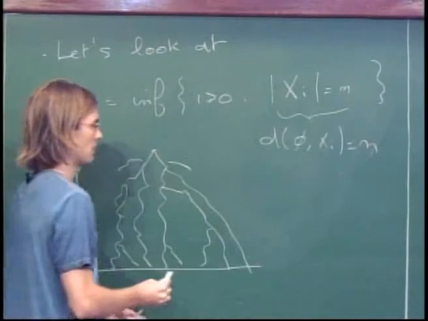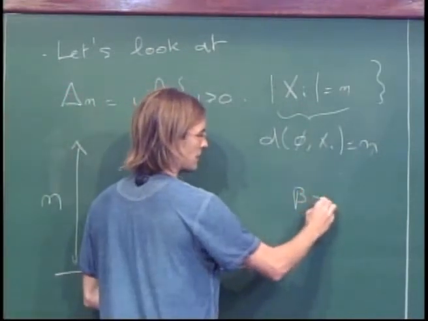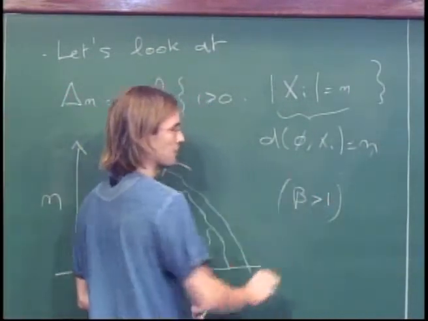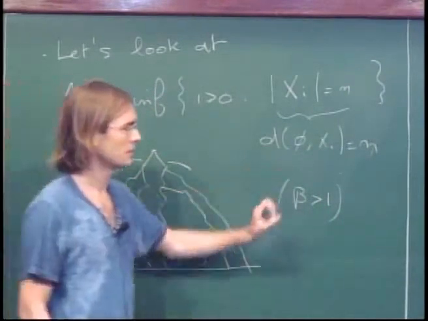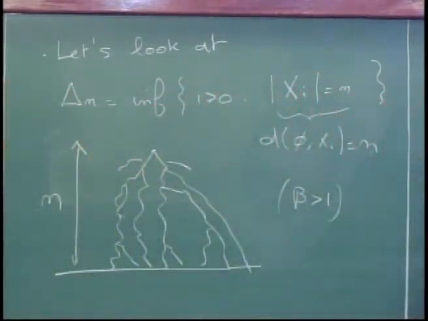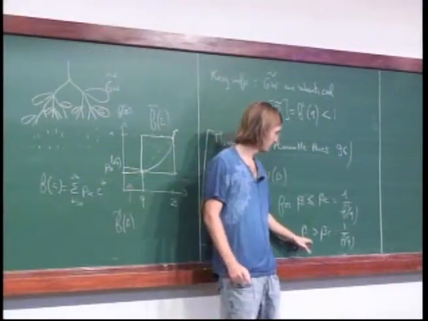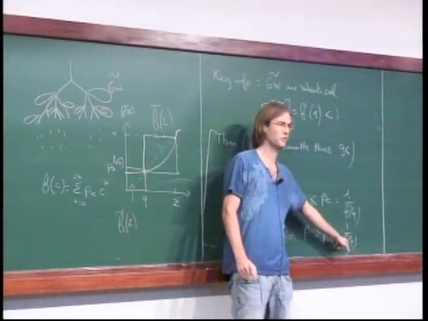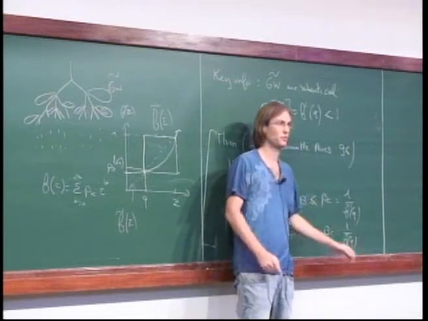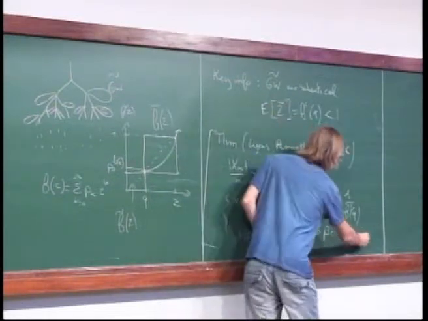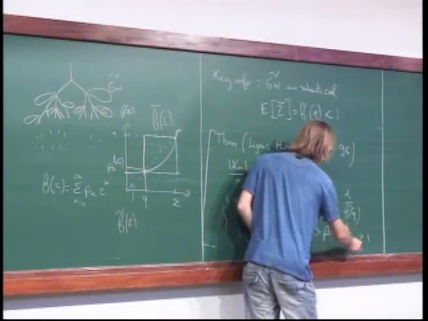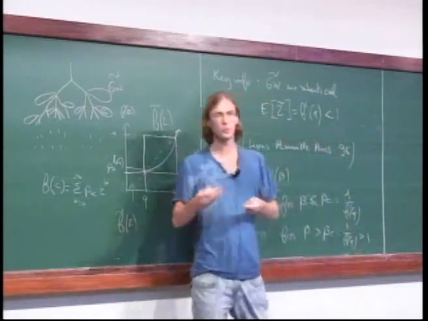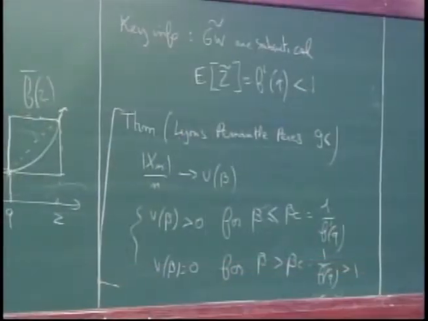So to simplify the picture, let's imagine that beta is bigger than 1 for now. The reason I make this assumption is that if you look at this theorem, the zero speed regime is for beta bigger than beta critical, and this number happens to be bigger than 1. So if we want to see the trapping anyway, we have to look at this regime.